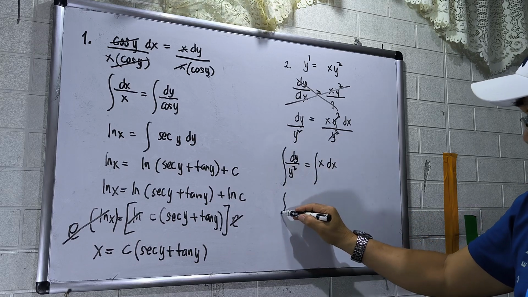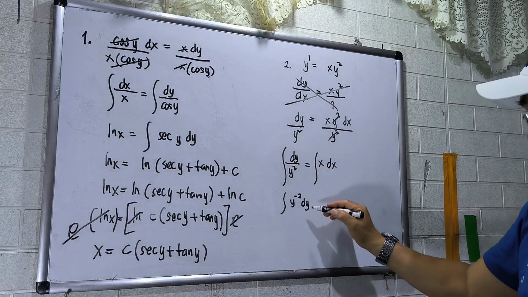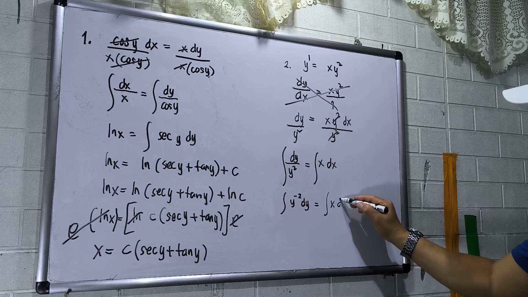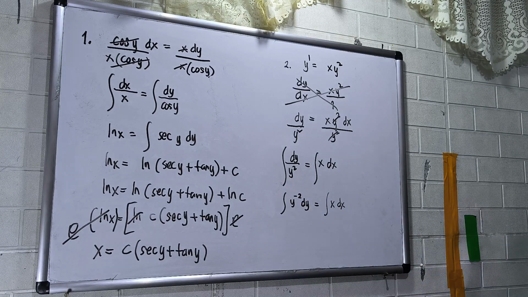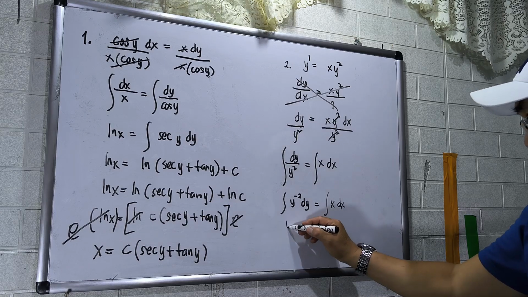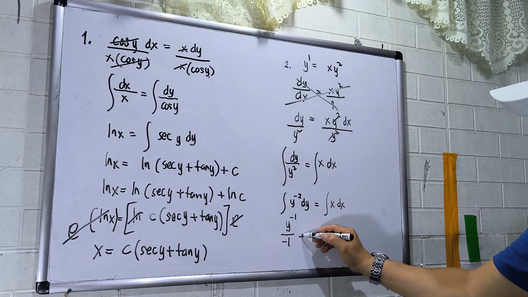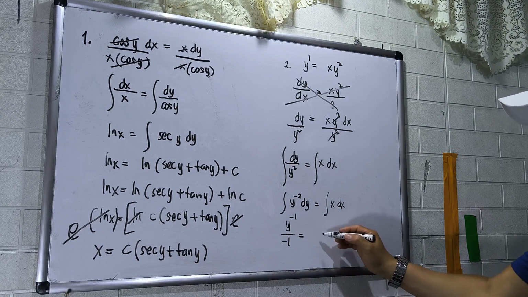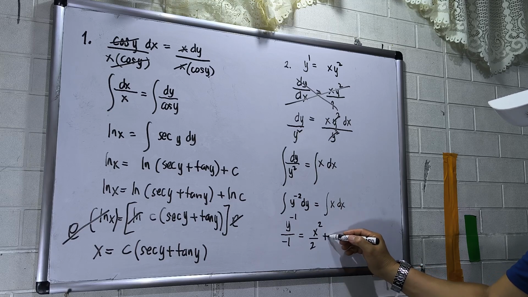So this will be the integral of y to the negative 2 dy is equal to the integral of x dx. So the integral of y to the negative 2 will be y to the negative 2 plus 1 over negative 2 plus 1. So this will be y to the negative 1 over negative 1 is equal to the integral of x dx. It will be x squared over 2 and then plus c.